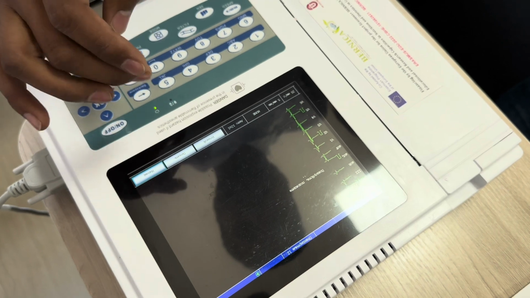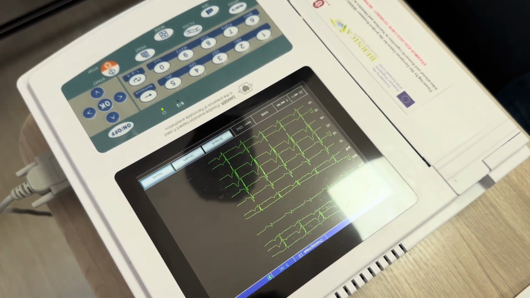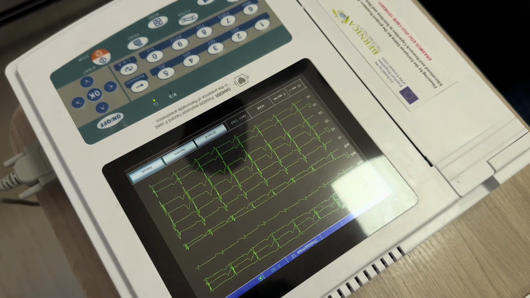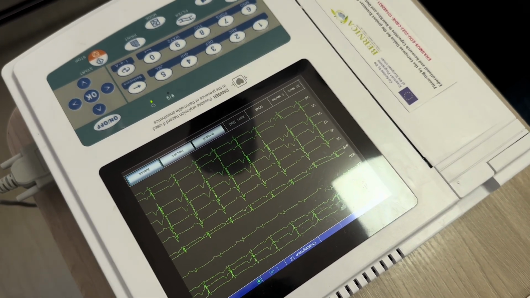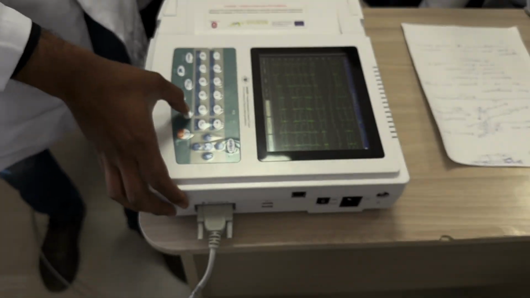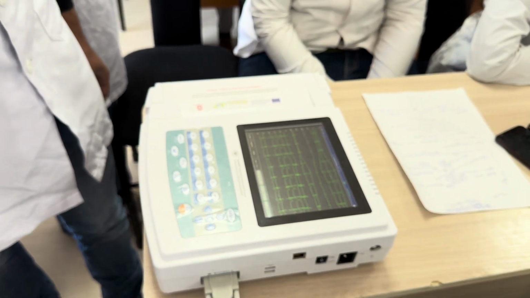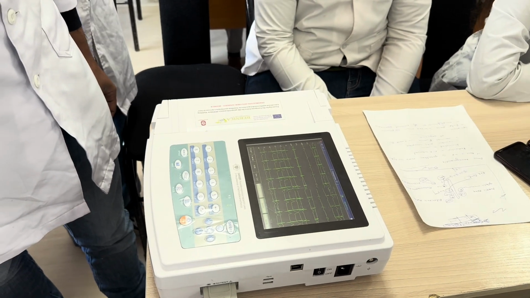Then we start. And then we make a print. Now it starts.